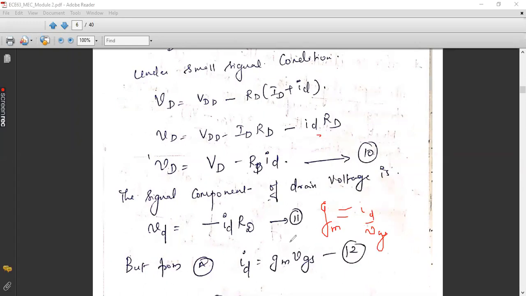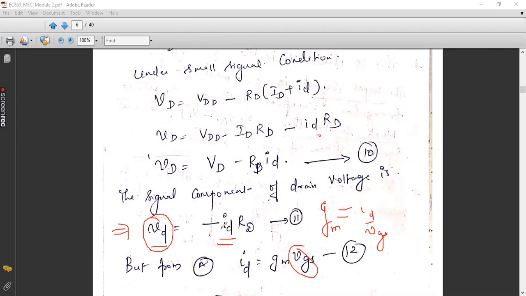Substitute 12 in 11. Why am I substituting 12 in 11? Because I need this expression in terms of output voltage and input voltage. As far as AC, or signal, analysis is concerned, your output voltage is small letter vd and your input voltage is small letter vgs, right? So I have to replace this id in terms of vgs so that it will be easier for you to find the ratio between vd and vgs, that is output by input.